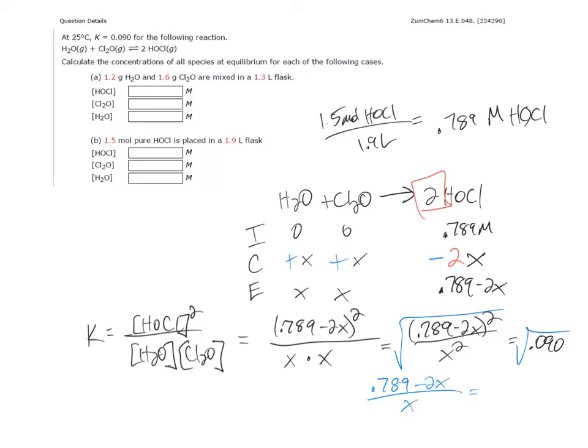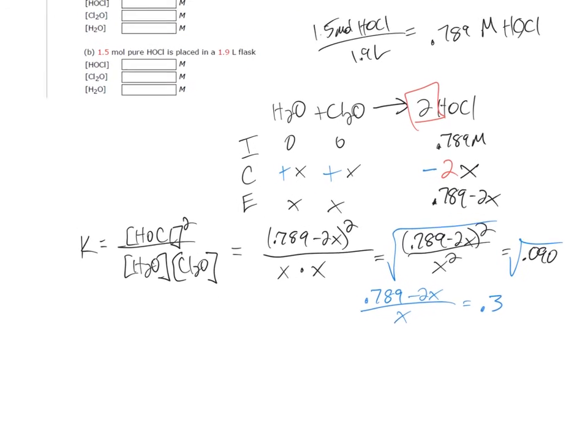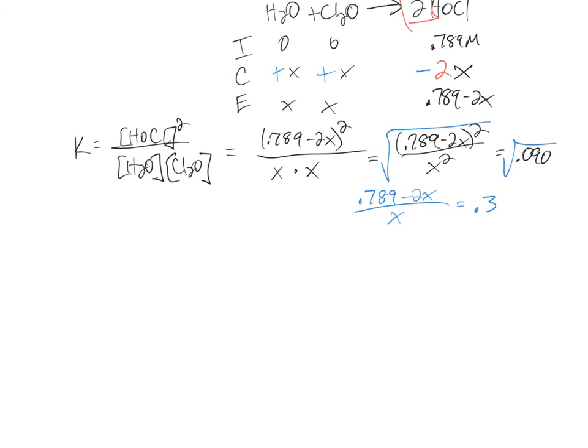The root of 0.09 is 0.3. We'll get our x terms all on the same side. And x works out to be, in this case, 0.343.